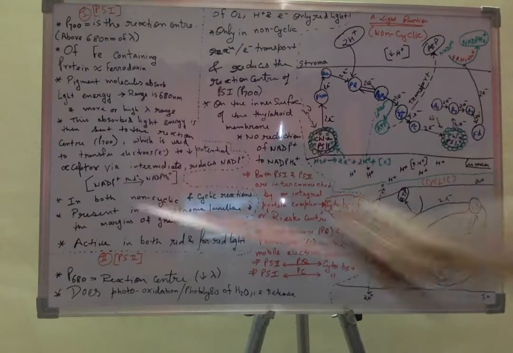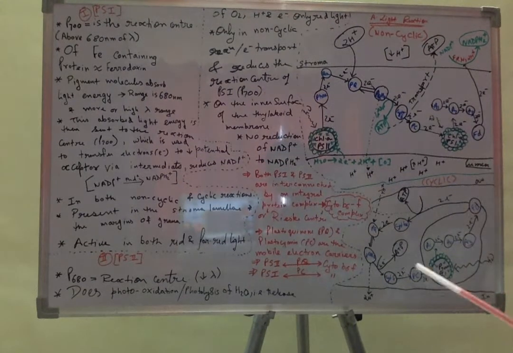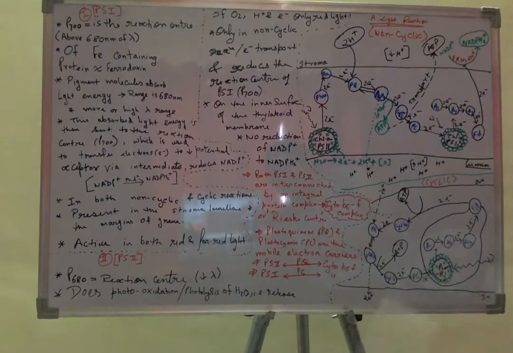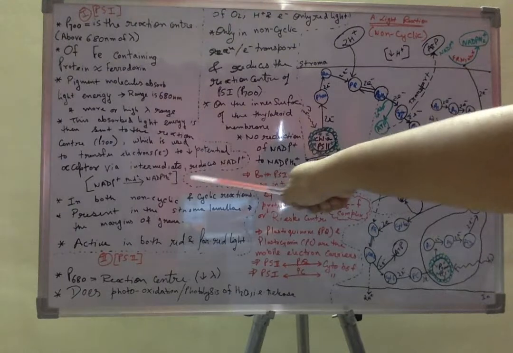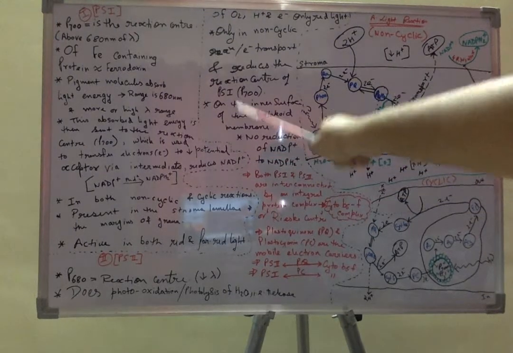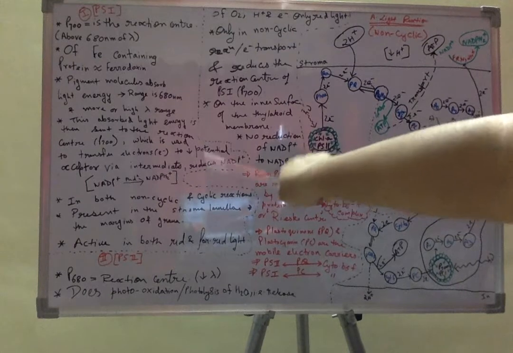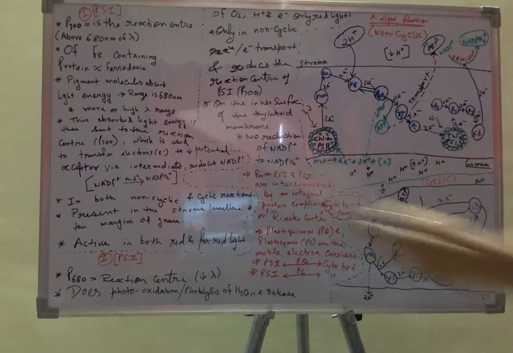So this electron, which is absorbed by the pigment system, gets transferred to the reaction center of PS1, which is P700, and this electron then flows to the low potential acceptor via intermediates, reducing NADP plus into NADPH2 plus.